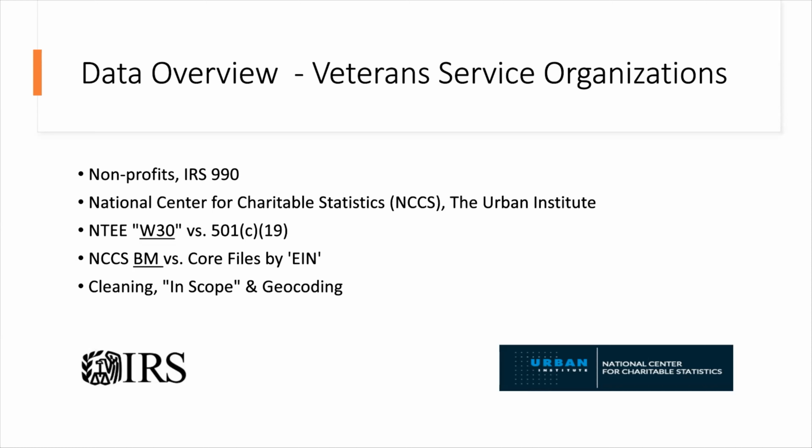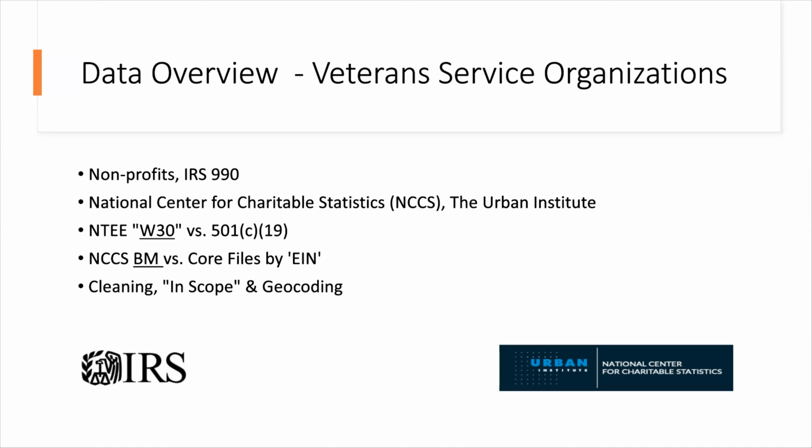And the NCCS provides two primary data sets to work with. The first one is the business master file, which is intended to be a routinely updated data set of all US nonprofits. And secondly, there are what they call the core files. The business master file includes more organizations but far less detail, whereas the core files provide a lot more detail, but for a much smaller subset of organizations.